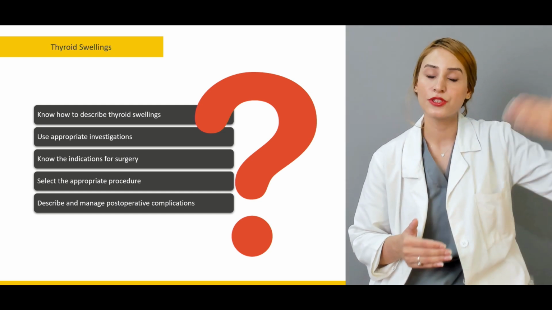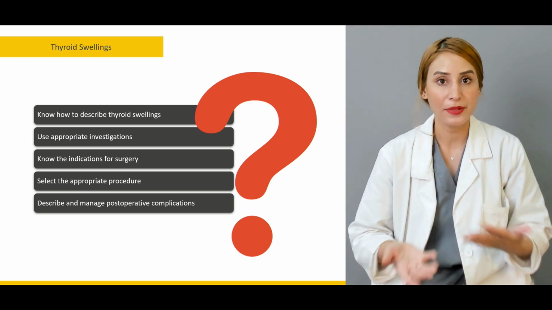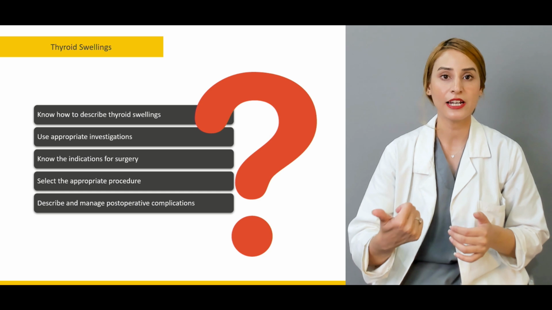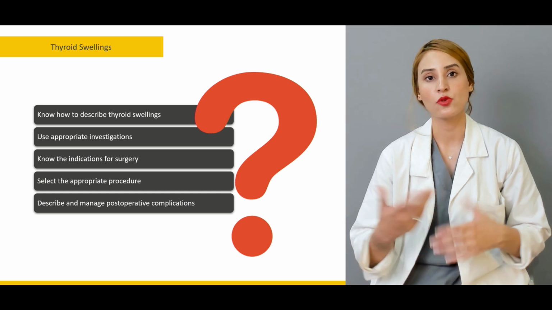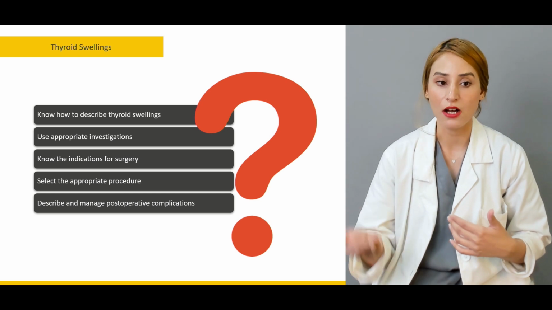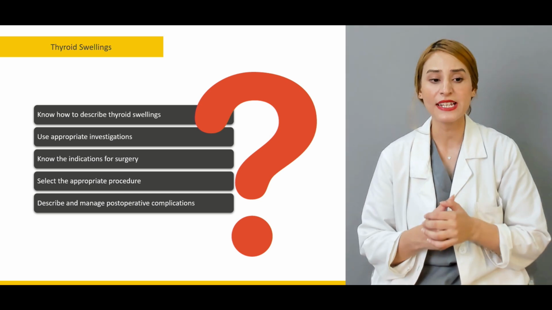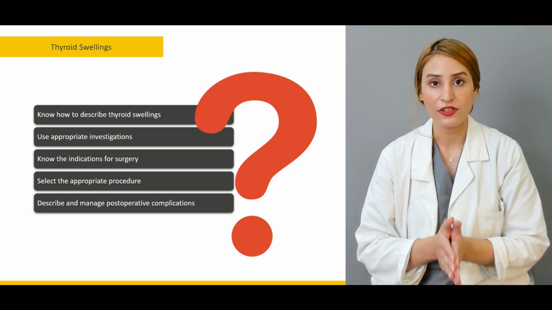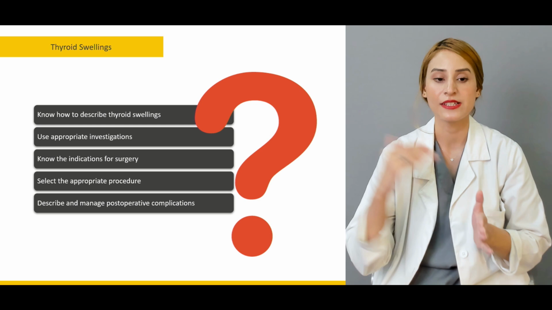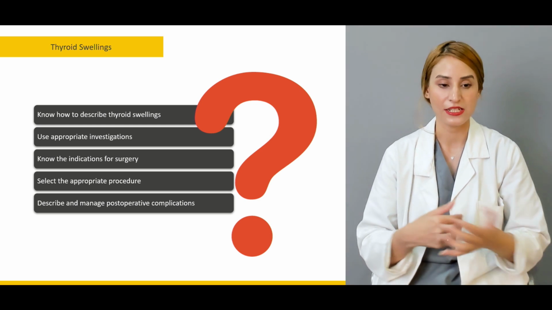So you put the patient on propylthiouracil or methimazole, which is basically carbimazole, and also give the beta blockers. Then when the levels are normal and the patient is in a euthyroid state, you perform the surgery for the multinodular goiter.